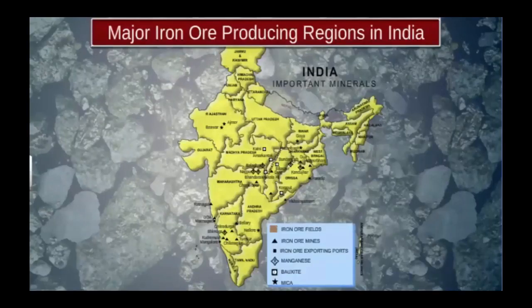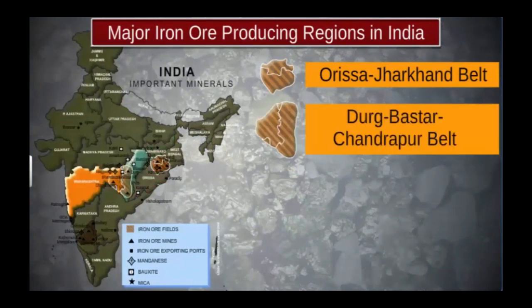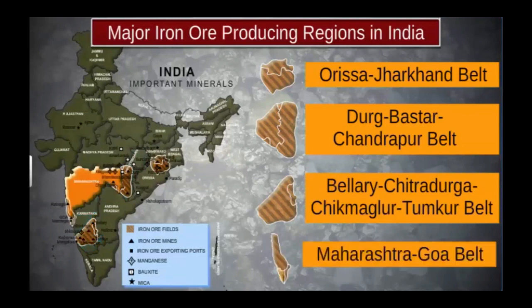If you map the location of major iron ore mines in India, you will see that they fall in 4 distinct regions. These regions, called major iron ore producing belts of India, are the Orissa-Jharkhand belt, the Durg, Bastar, Chandrapur belt, the Bellary-Chitradurga, Chikmagalur, Tumkur belt, and the Maharashtra-Goa belt.